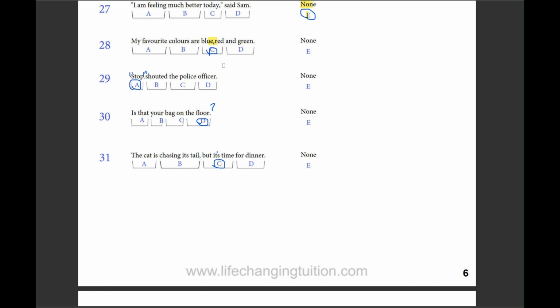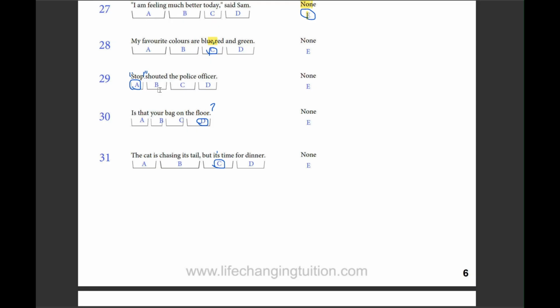So the correct answer is C, blue, red. Let me explain a little further. We must use commas in a series, which is just a list of things. So the correct way to write this sentence would be blue, red, and green, making sure each item is properly separated by a comma.